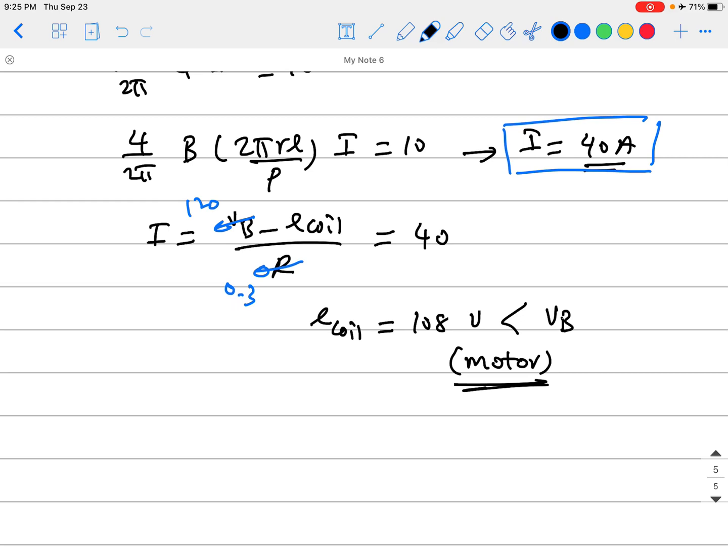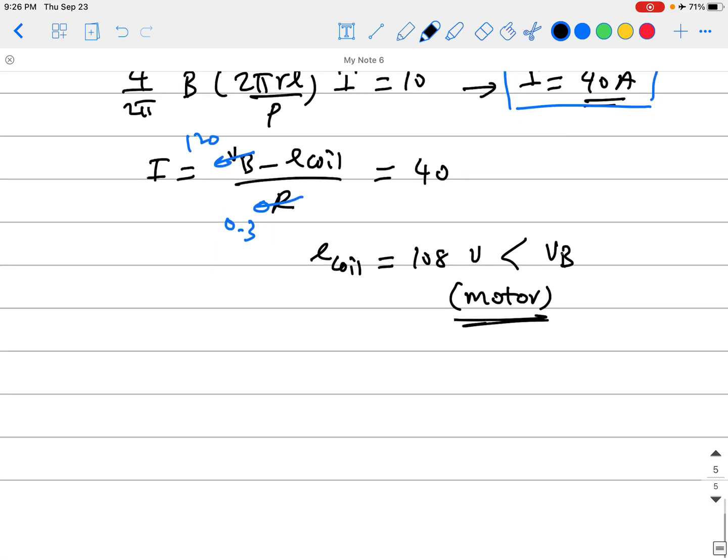If the induced internal voltage is higher than the terminal voltage, the current will go from inside the machine to outside, and that means it's a generator because it's giving you an electric current, not taking one. So that's an answer to whether this is a motor or a generator. You just calculated E, and it turned out this E is less than the applied voltage, so that's a confirmation that we are talking about a motor, not a generator.